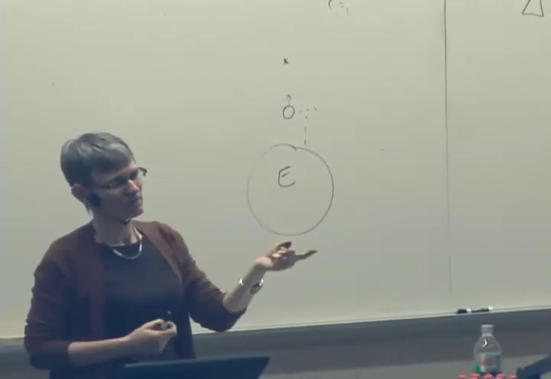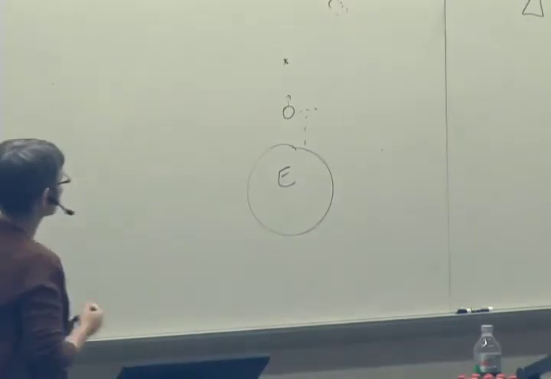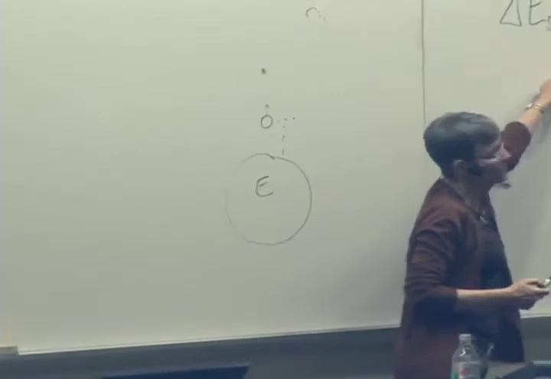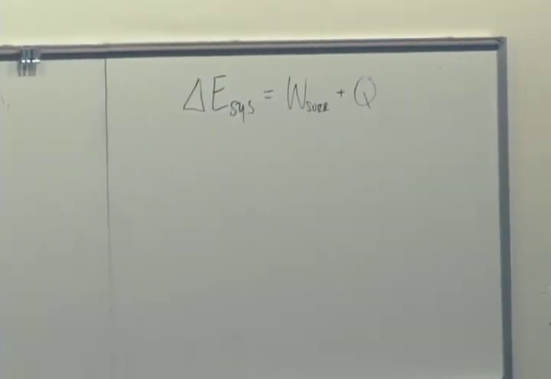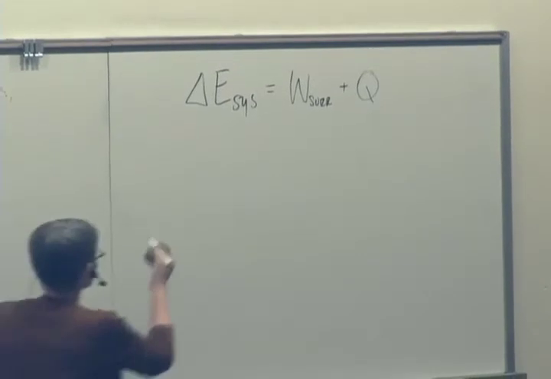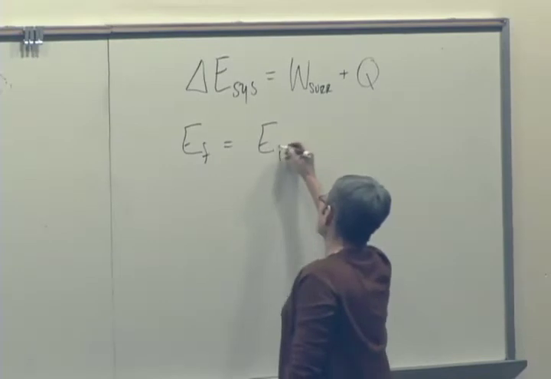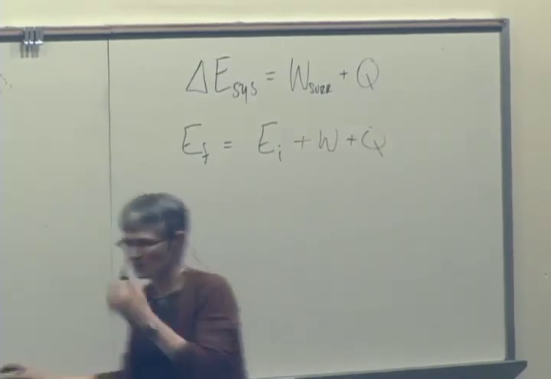We could choose the ball as a system, or we could choose the Earth plus the ball as a system. In each case, we're going to use the energy principle, which we can write out this way: E final equals E initial plus W plus Q.